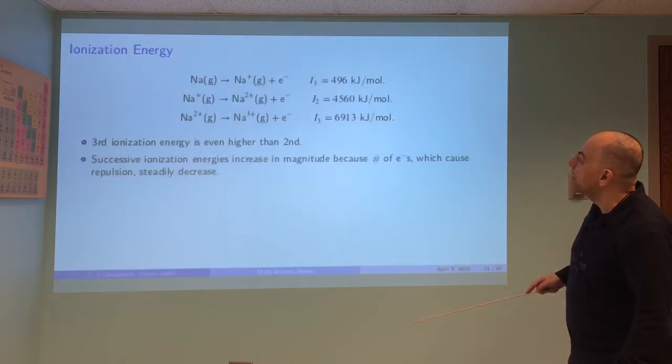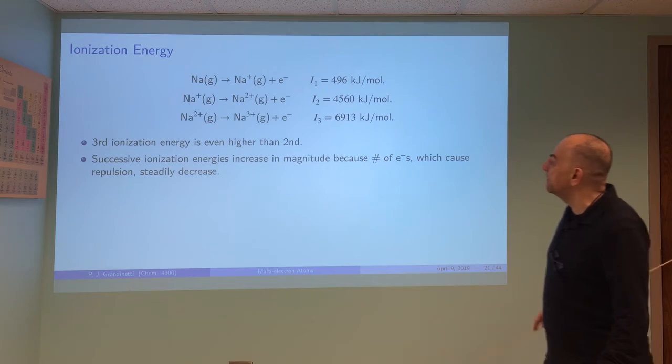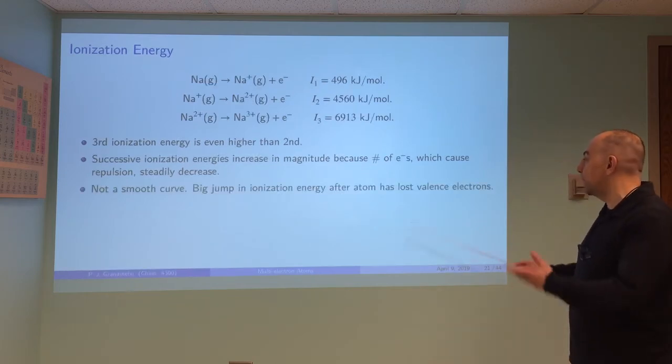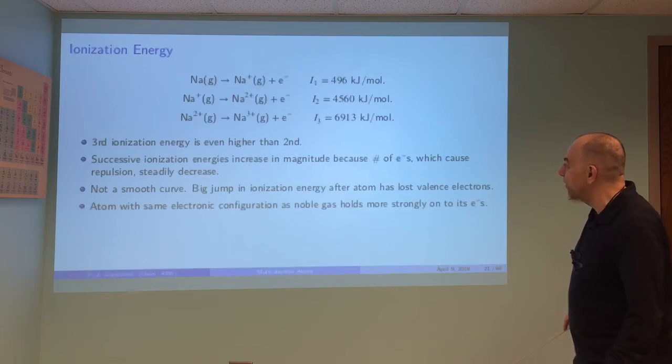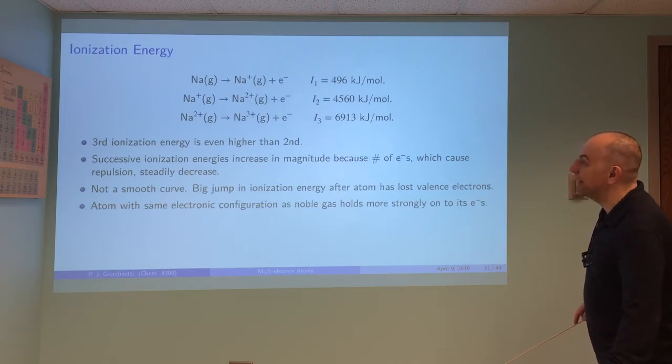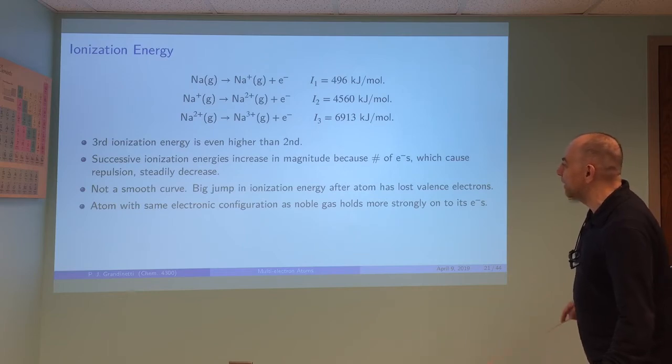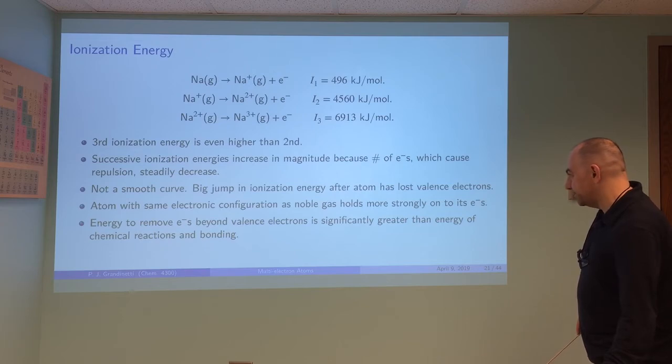Okay. So you can see these are successively getting higher because the repulsions are going down, but there's that big jump when you break open the shell, when you no longer have valence electrons, and now you're creating another set of open shell with a lower n. So generally it's the valence electrons here.